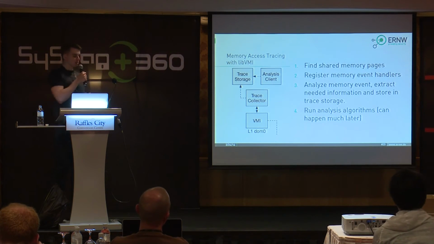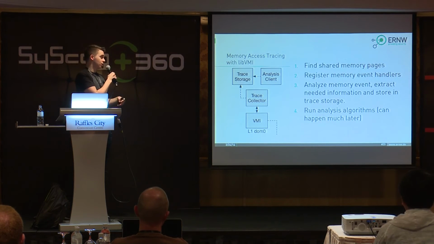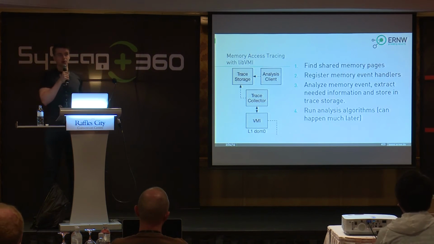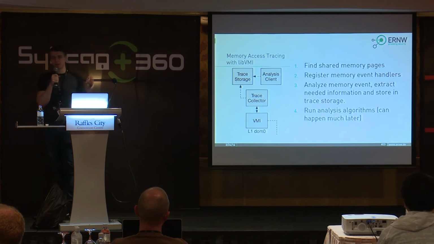Then in the last step, our analysis client can run the analysis algorithm, and that can happen at any later point in time. So it's an offline analysis. We can just trace for a month and then do the analysis when we have time to look at the results.